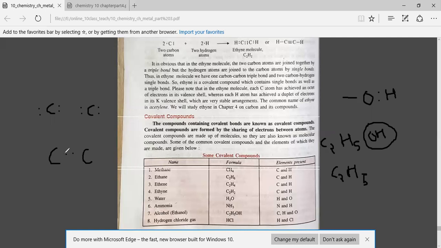So a pair of electrons will be shared between the two carbon atoms, and the other three electrons will be shared with the hydrogen. So we have this one, two, and this three, and this one, two, and this three.